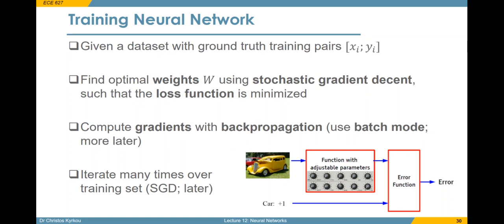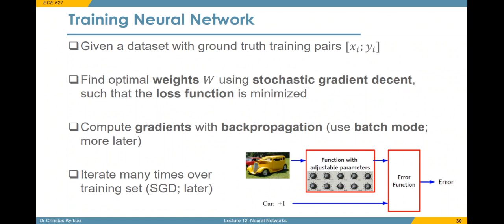So for this, we need to measure how well we're doing as we're training. So we want a way to evaluate whether or not the training goes well. And this is done through what we call the loss function, which basically tells us how well we are doing.